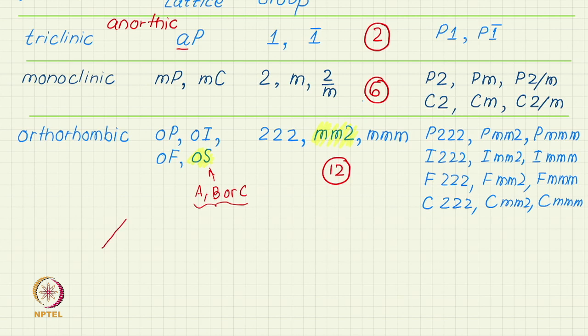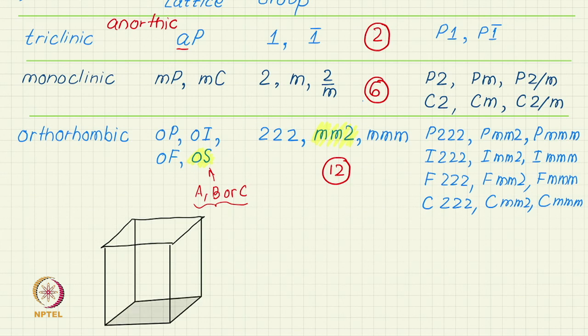Let us see. So, for example, in an orthorhombic lattice, this is my, let us say, orthorhombic unit cell, and I am putting an object with MM2 symmetry.